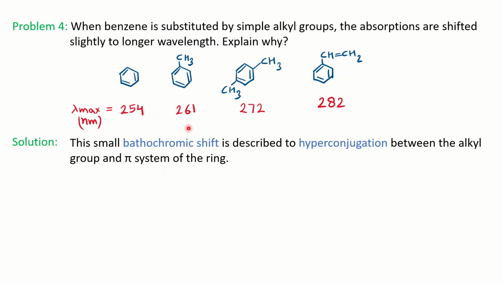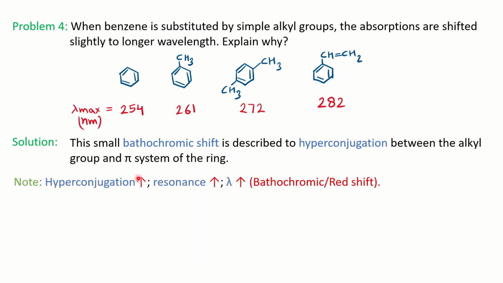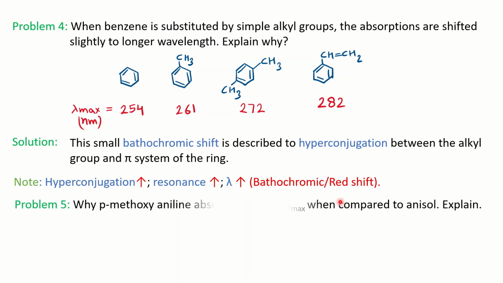So the answer is the effect of hyperconjugation, and you can explain that the sigma electrons of each C-H bond present in CH3 will participate in the conjugation, therefore increasing the wavelength of maxima. So you can note: as hyperconjugation increases, resonance increases, wavelength increases. We call it bathochromic or redshift. So you can make a note and explain your answer if you get such kinds of problems.